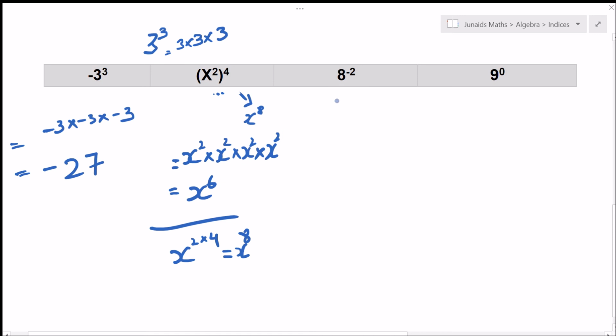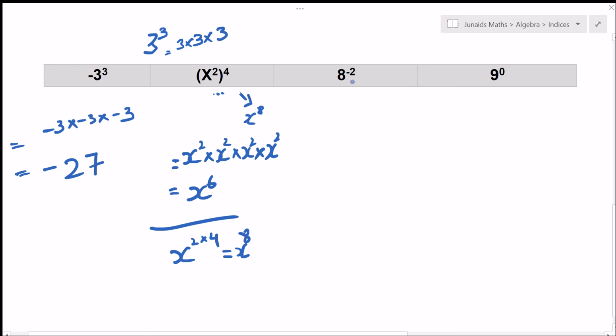Right, moving on to the next example. Is 8 to the power minus 2. It's slightly different from 8 squared. Some students will give an answer of minus 64, a common misconception.